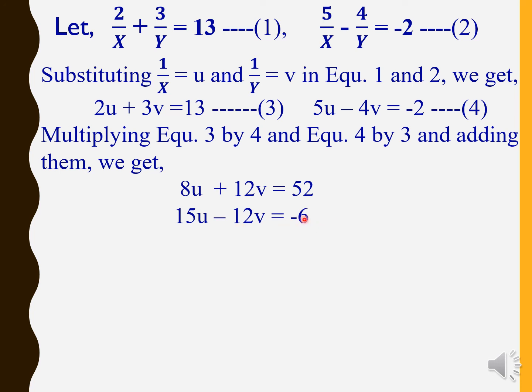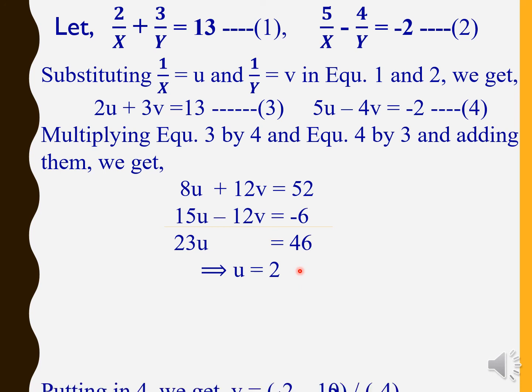So in this case, we do not have to subtract. We'll just add them and eliminate these two terms. By adding them, we get 23u equals 46. If you solve it further, we get u equals 2.